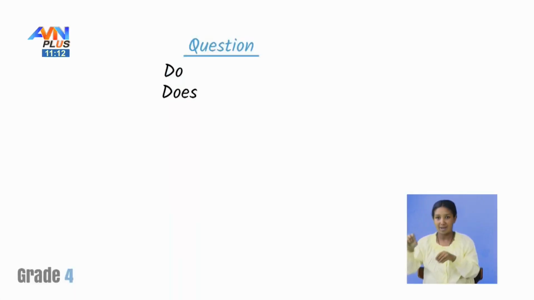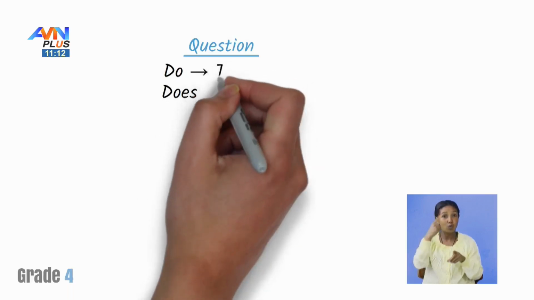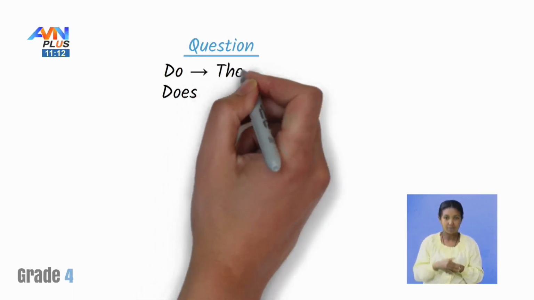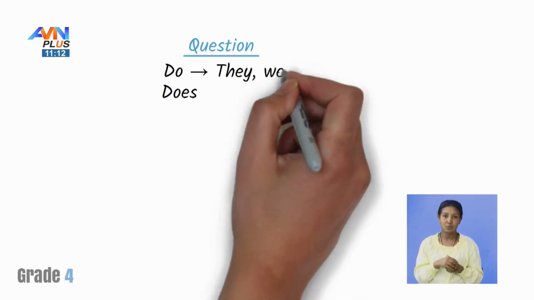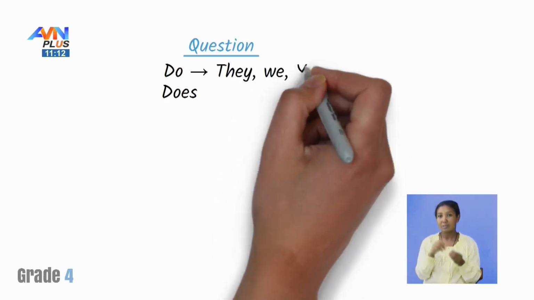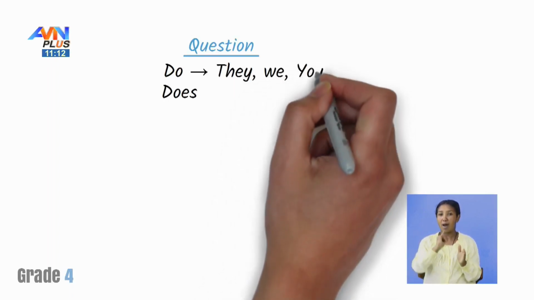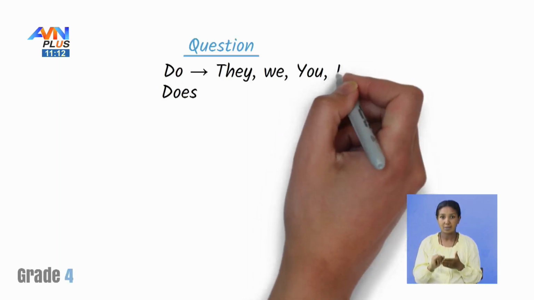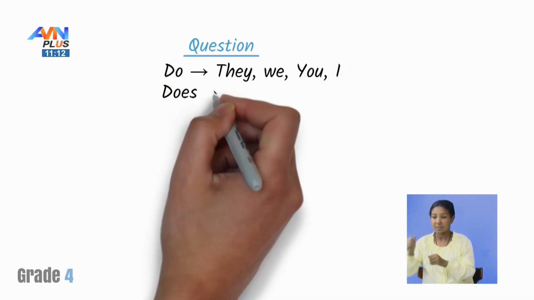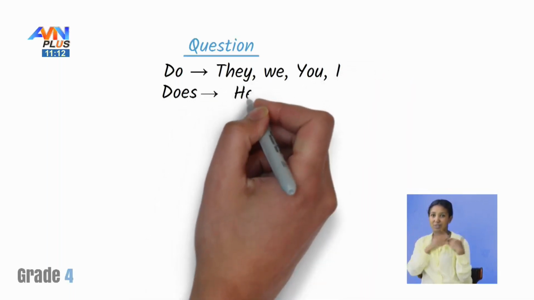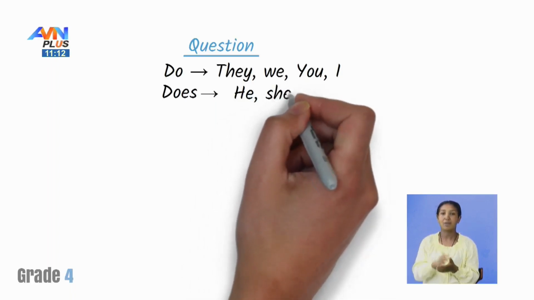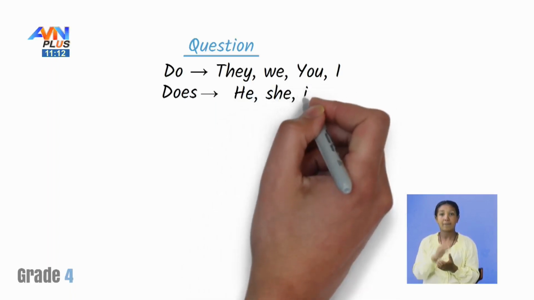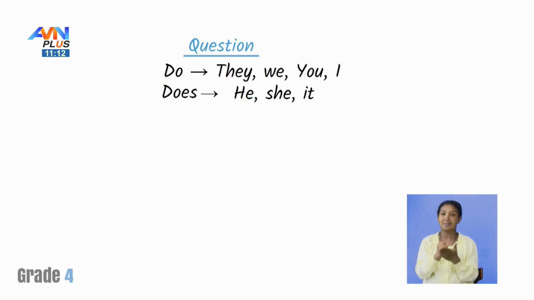We use do for they, we, you, and also I. And we use does for a singular subject: he, she, and also it.